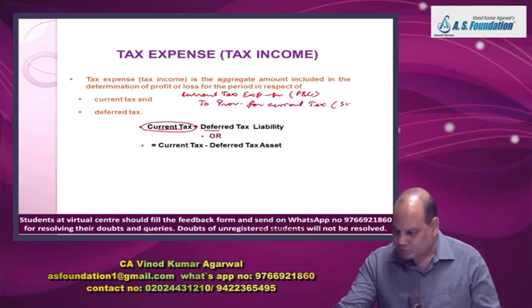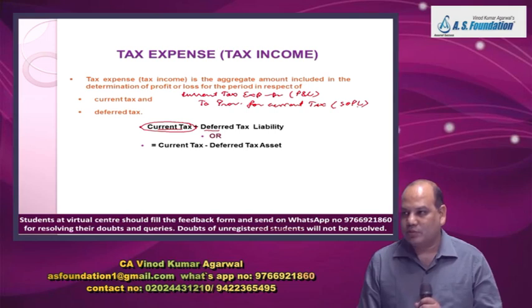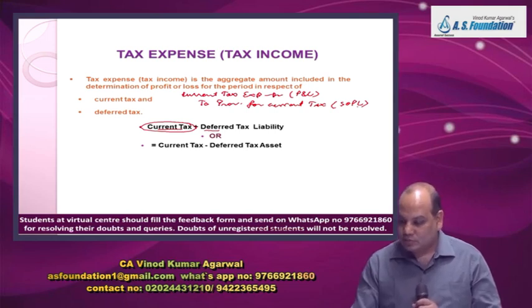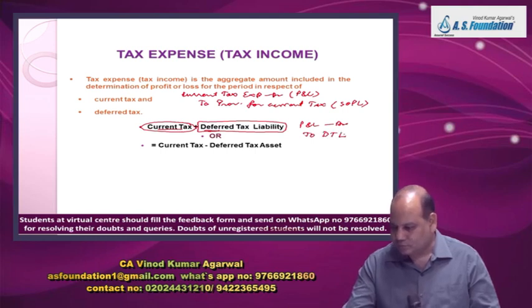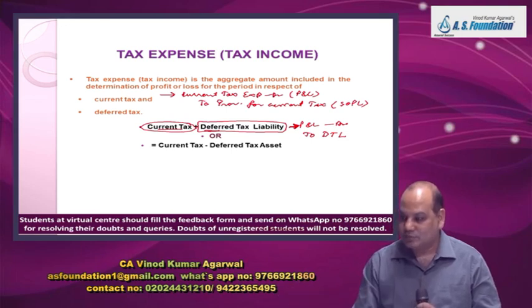This will go to SOPL as a liability. And what is the entry for DTL? Same, P&L account debit to DTL. So this is also debit to P&L account. This is also debit. So debit plus debit add.